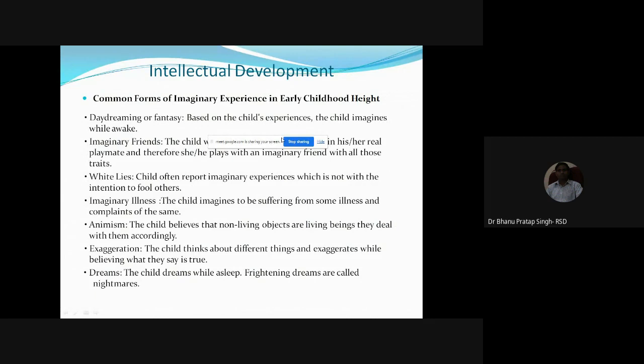After physical development, the second is intellectual development. Some common forms of imaginary experience in early childhood, right? Means daydreaming.